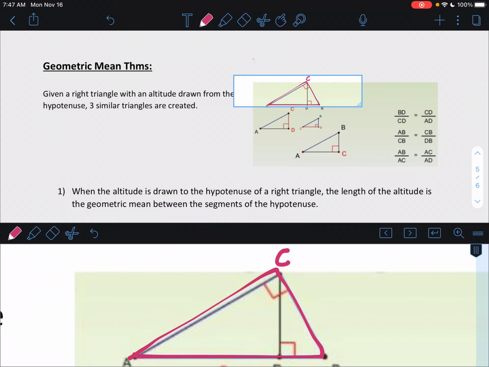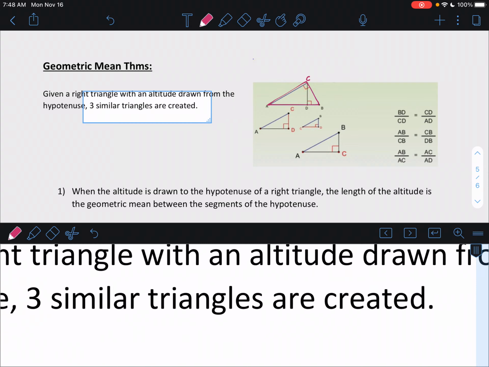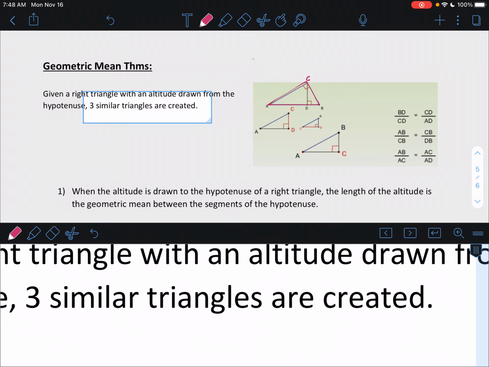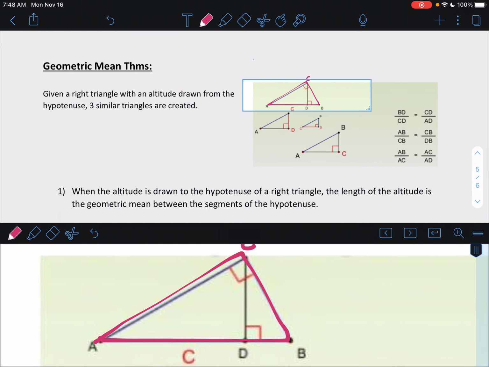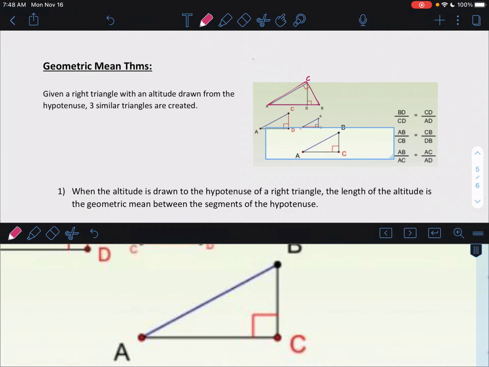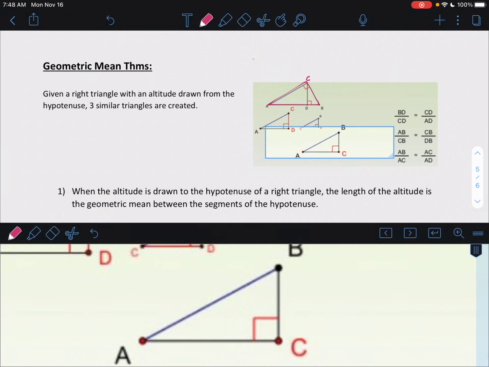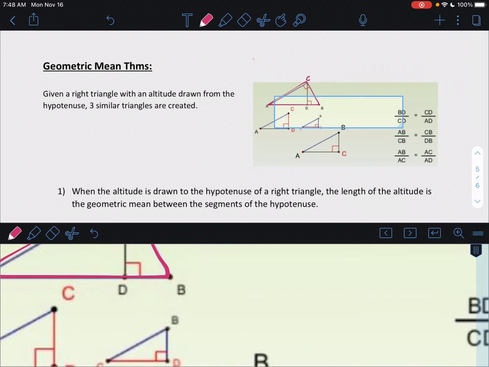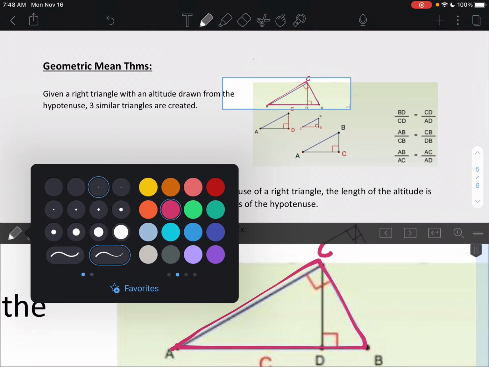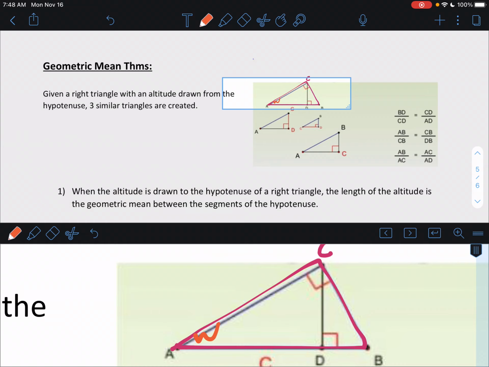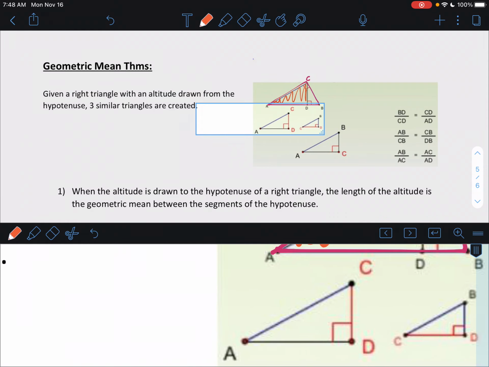So, as the theorem stated, three similar triangles are going to be created when I draw that altitude. I have my original triangle ABC. They just turned it in this image here. Then I have the smaller triangle, ACD.